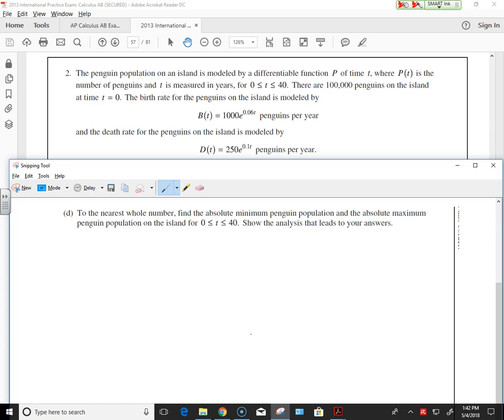So I need to test 0, 40, and the critical numbers of the penguins, not the born, not the death, but all together. Critical numbers would be when these two are equal, when the rate, which you did for letter A, is 0. Could I graph and find the intersections? Yes. Could I graph the subtraction and find the zeros? Yes. And I'm going to end up with T equals.